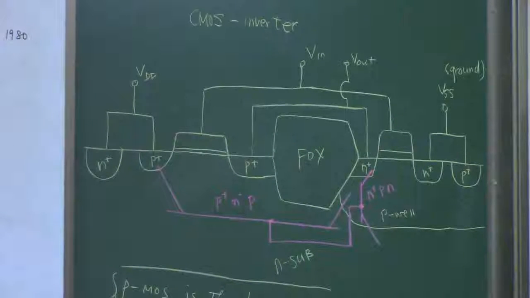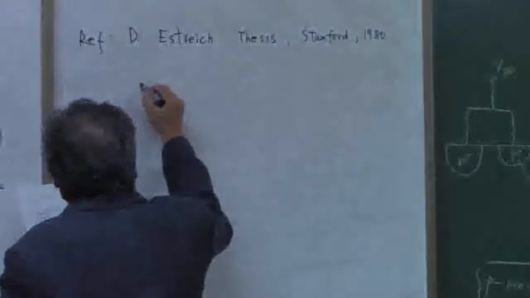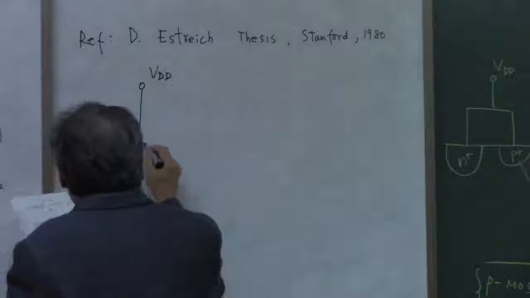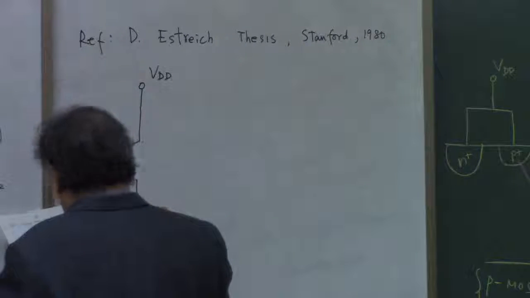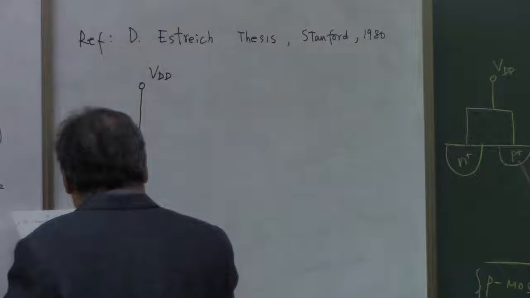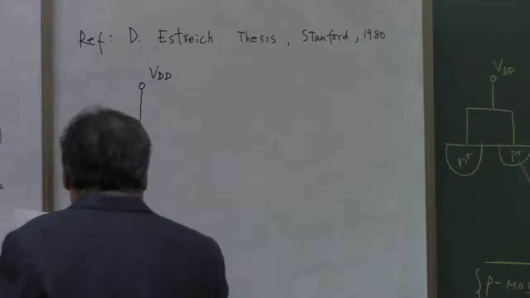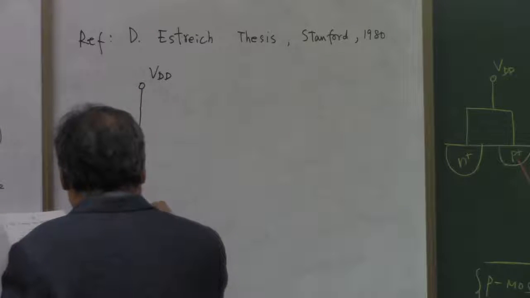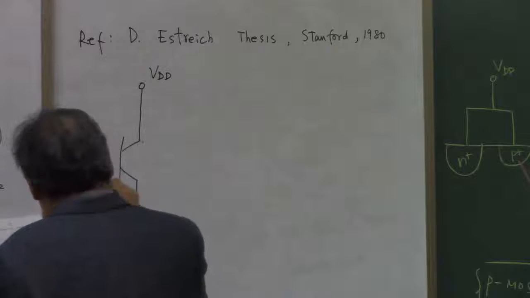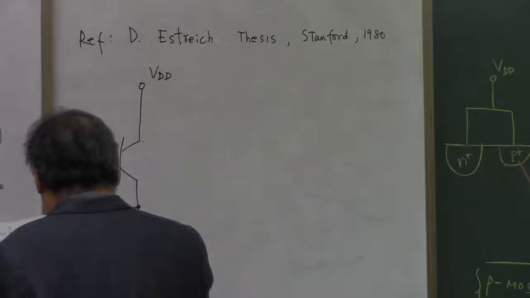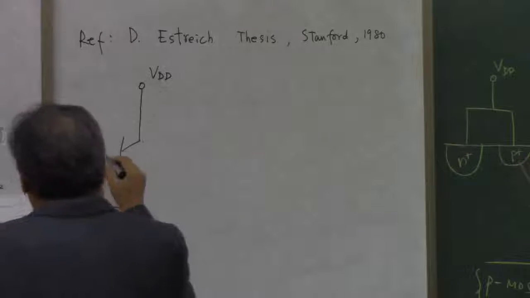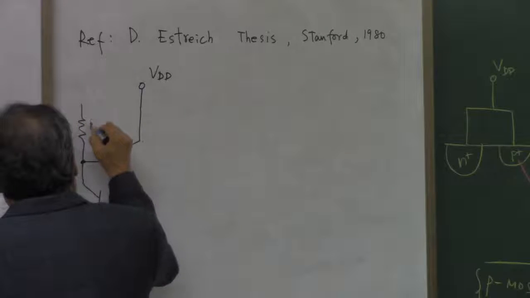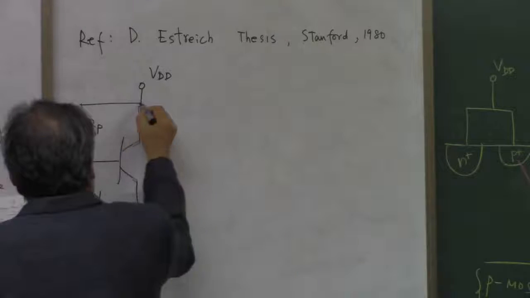And if you look into the circuit of this, then you may see that the VDD and you can have bipolar transistors, something like this, and then there's Rn, and that is grounded, and you can see grounded, and here see this Rp, and that is connected to this VDD.